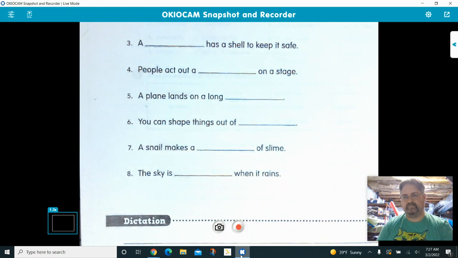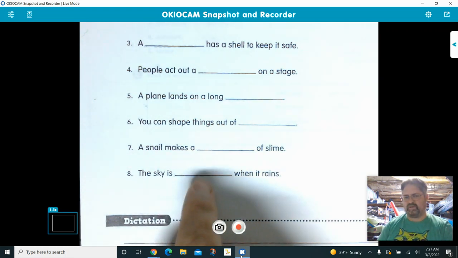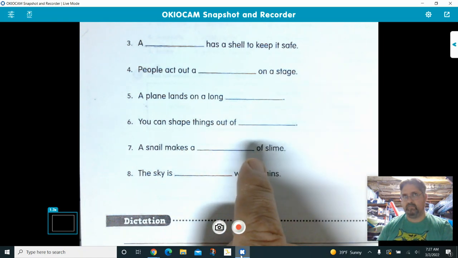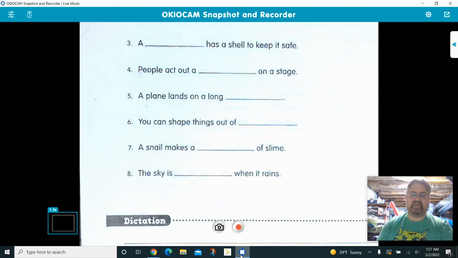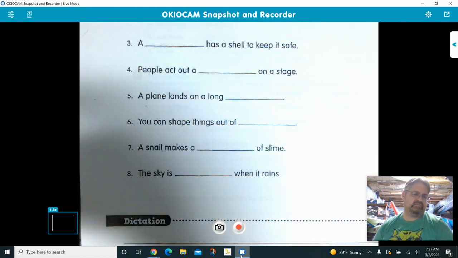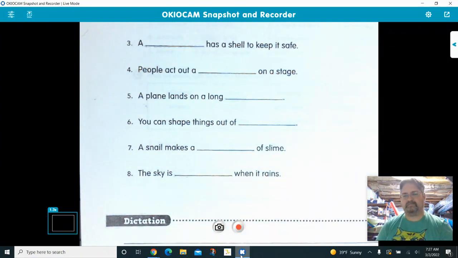Have you ever watched them travel across something? They leave a pathway of slime wherever they've been. Yeah. The sky is this color when it rains.